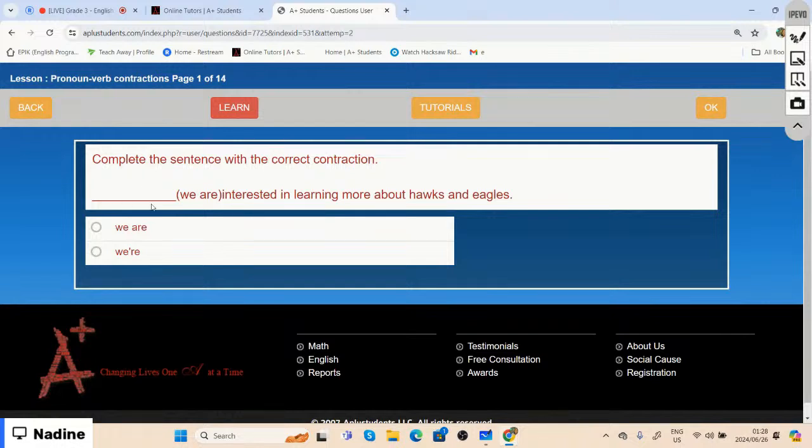It says, we are interested in learning more about hawks and eagles. Is it option one, we are, or option two, we're?